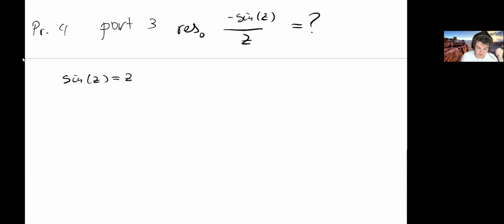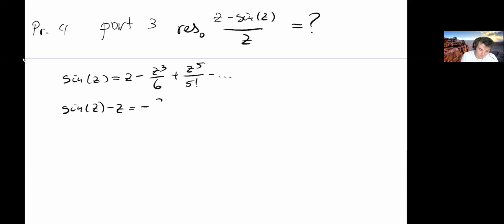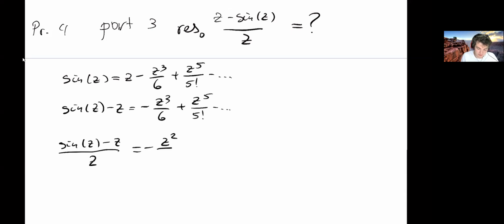So let's see if this does. So sine of z looks like this. So sine of z minus z looks like this. And so sine of z minus z divided by z looks like this.